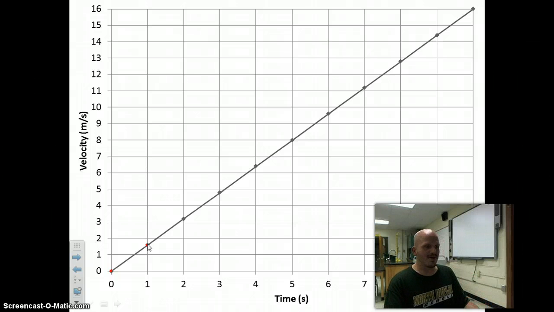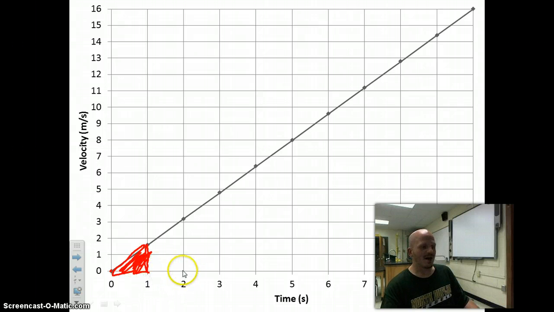Then we multiply by 1 because that's our width. So it's 1, and let's call that 1.6, which gives us 0.8. So 0.8 times 1 gives us 0.8. After 1 second, our displacement should be 0.8. That's looking at this area, the area under the curve.